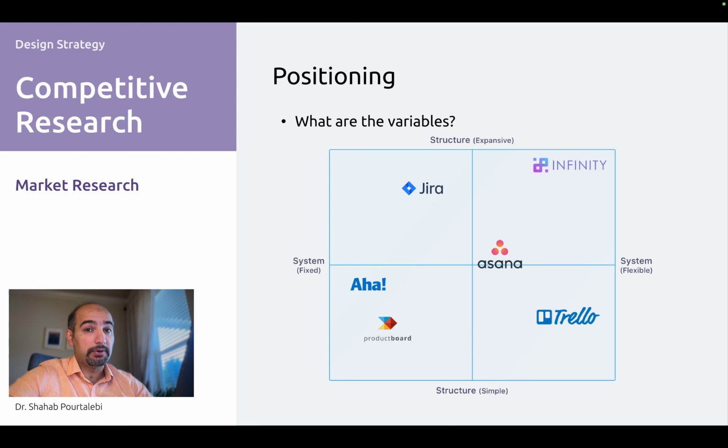Some people, some customers, need a simpler application because they don't want to deal with all those features that wouldn't be useful for their business, in their work. So they prefer those simple, structured applications.